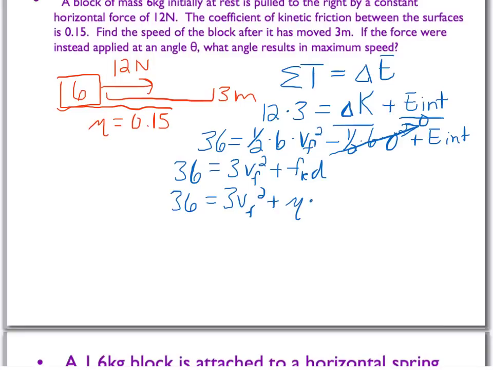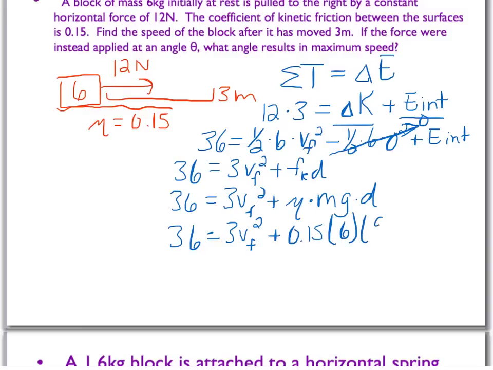Because it's on a horizontal surface, the normal force should just be the mass times gravity, multiplied by the displacement. As I plug these values in, Vf should really be my only variable that I don't know. I know that mu is 0.15, the mass is 6, gravity is 9.8, and the displacement that the object is moving through is the 3-meter displacement.